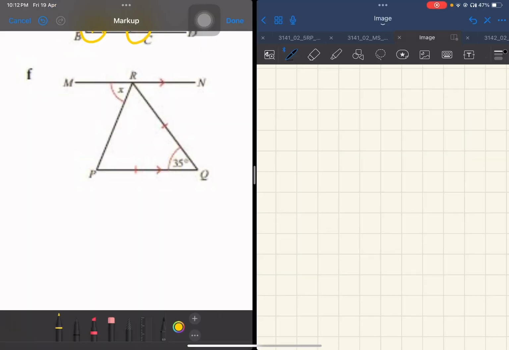Moving on, question 1f. This is also an isosceles triangle, as you can see from the angles here. To find the answer for x, we can identify that this is an alternate angle. So the angle here, I'm just going to call y, will equal x. First, let's use 180 subtracted by 35 degrees. You're going to get 145 degrees.